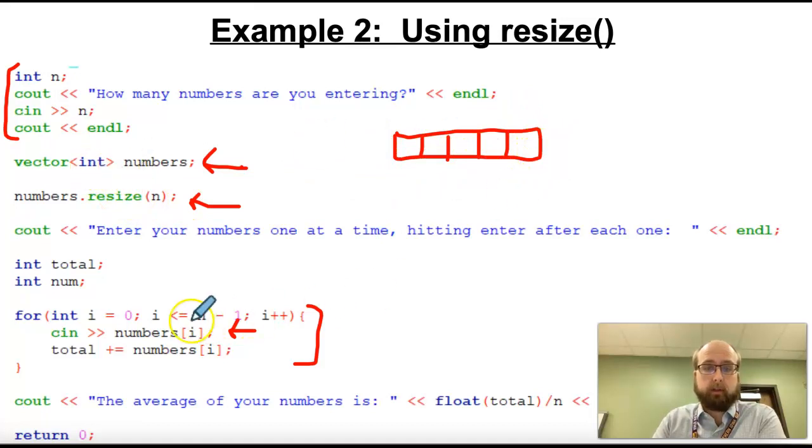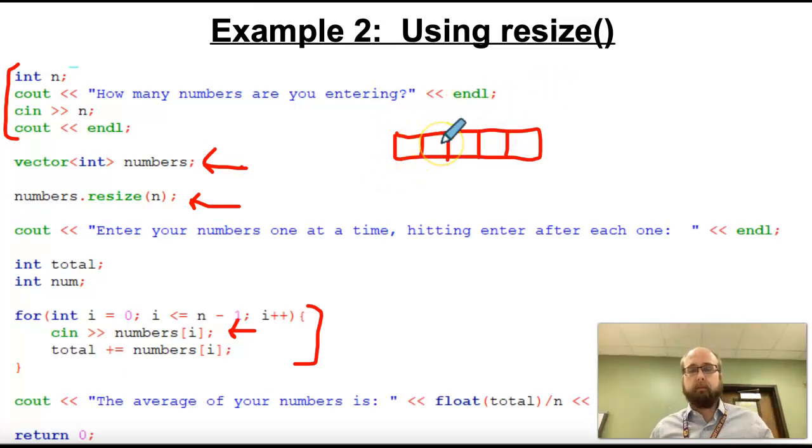And so when we put the numbers in, it's never going to have to resize because that space is already set aside. That's very useful in a case like this, where once the user has chosen how big they want the vector to be, we don't need to resize it ever again.